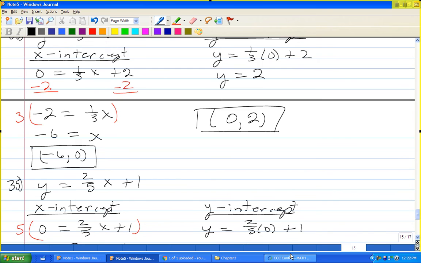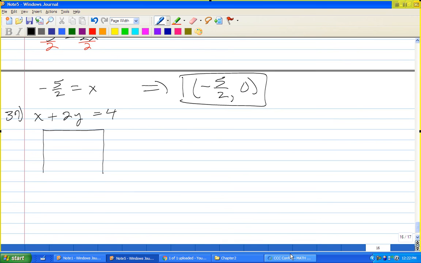Let me do 37. Okay, so in this case, they don't tell you what points to pick. They did that in the previous ones, nor if it should be x's and y's. I guess I'll pick some relatively nice y values.